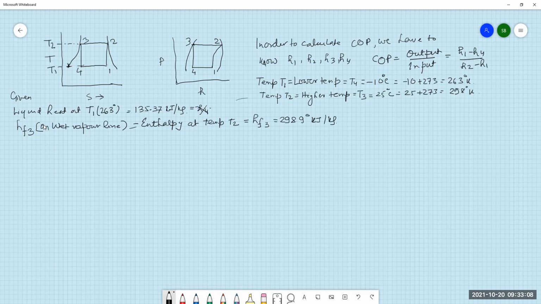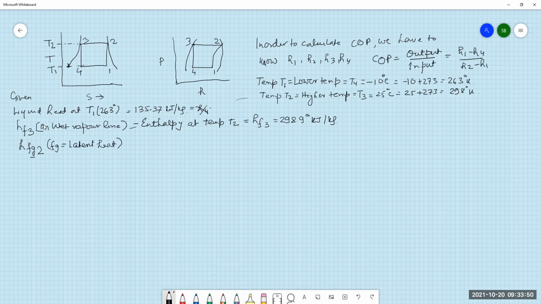Next comes HFG2. When there is F and G, it means the latent heat, and 2 means the point 2 itself.